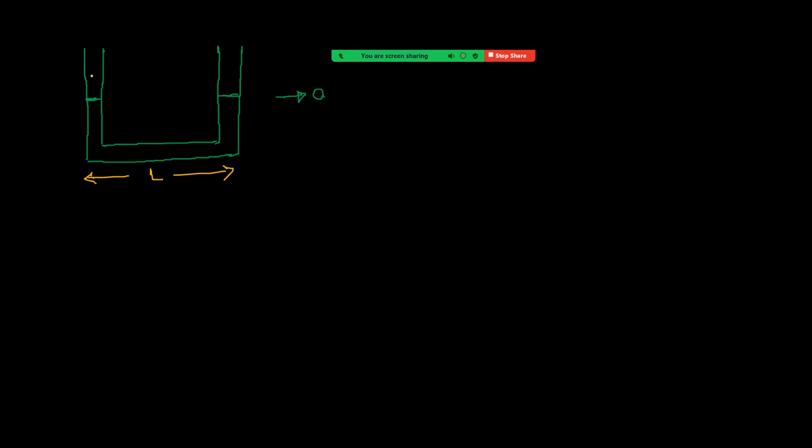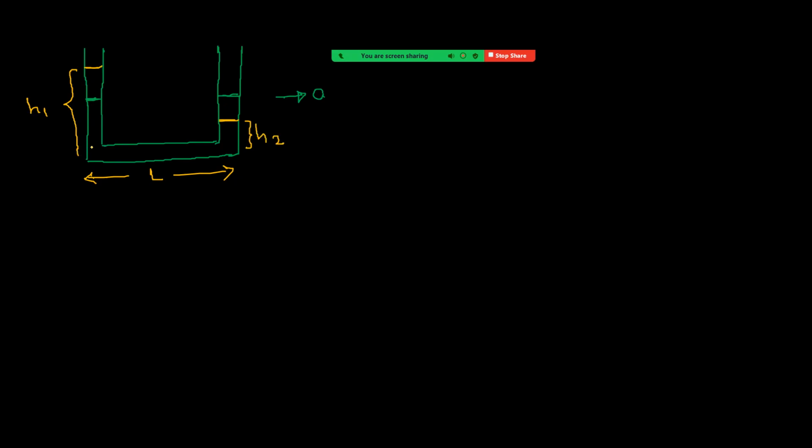Now see how to start. Suppose in this column the present height is equal to h1. Initially, both heights were equal. Now if it is raised on one side, the other side will come down. Suppose this is equal to h2.